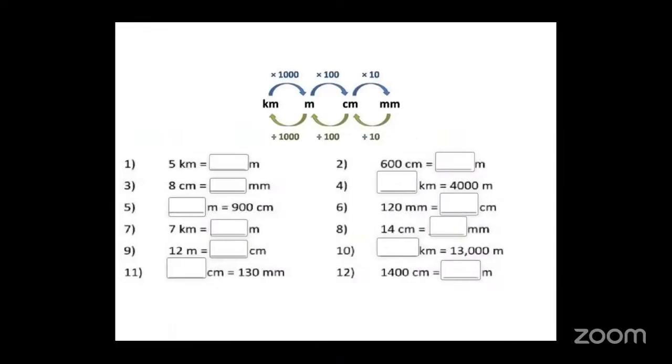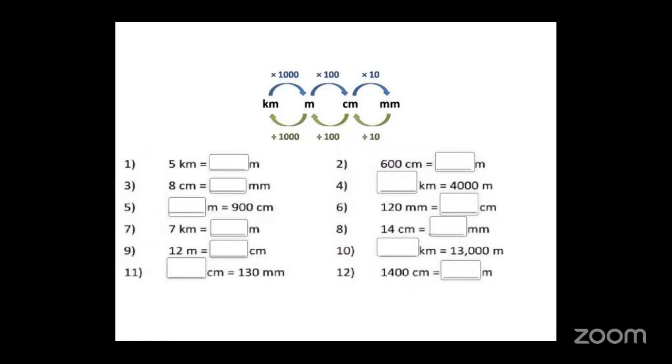So here is a simple example to play around with. We have movement from kilometer to meter to centimeter to millimeter.